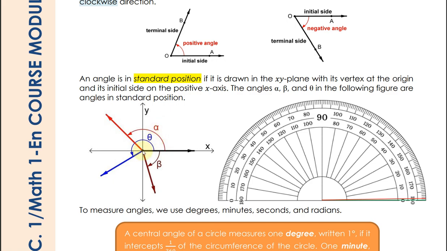The beta is the brown arrow, whose angle goes downward. So alpha is an example of a positive angle in standard position, and beta is an example of a negative angle which is also in standard position, and theta, which is this blue line, is also an example of a positive angle in its standard position.